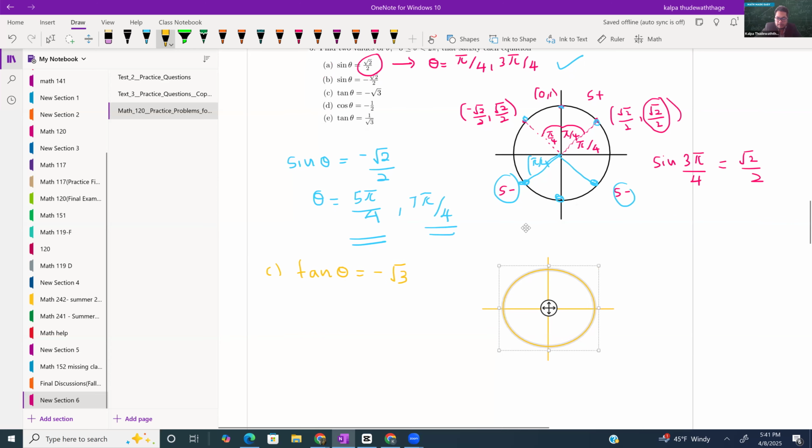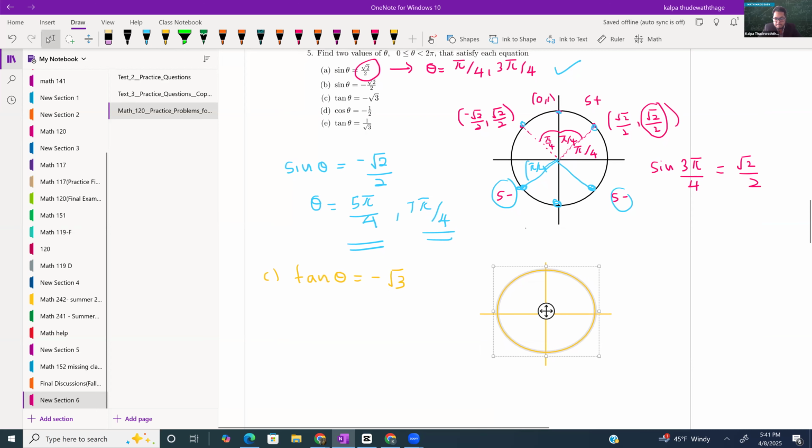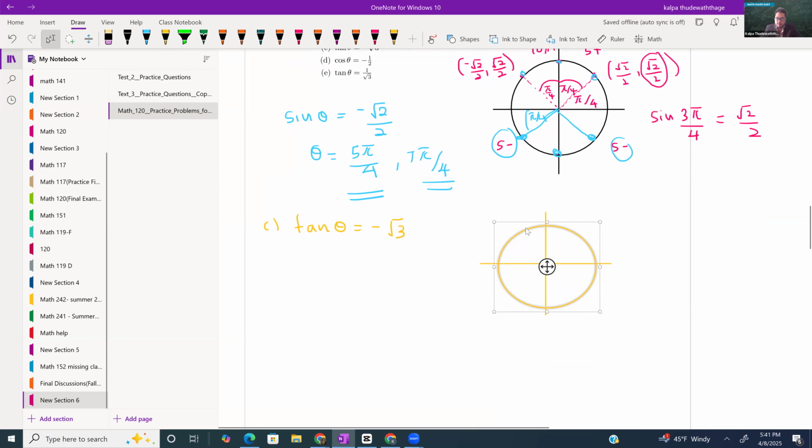It's a little bit of an oval shape, but it's okay. It's not a big deal. Let's do it.